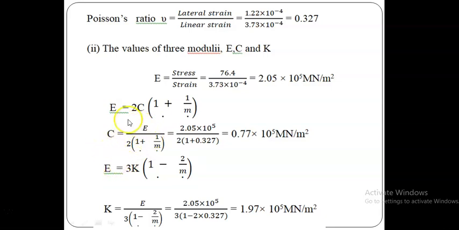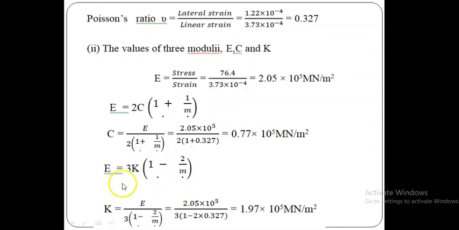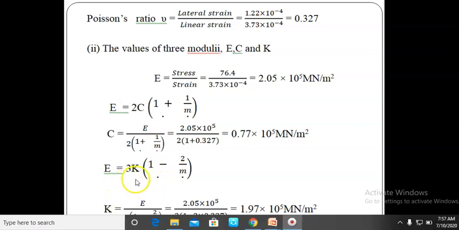From which we substitute E divided by 2 into 1 plus nu, and let us substitute all these values to find the value of C. And another one is E is equal to 3k into 1 minus 2 nu, or 1 minus 2 by m, and from which we can find k.